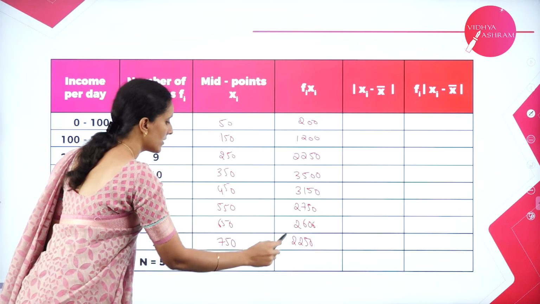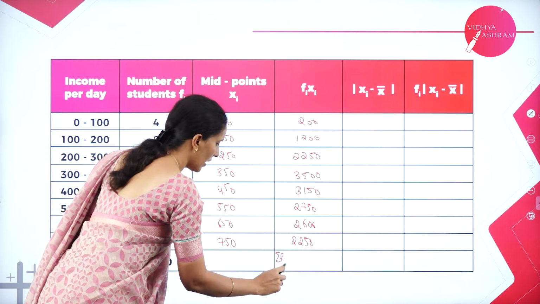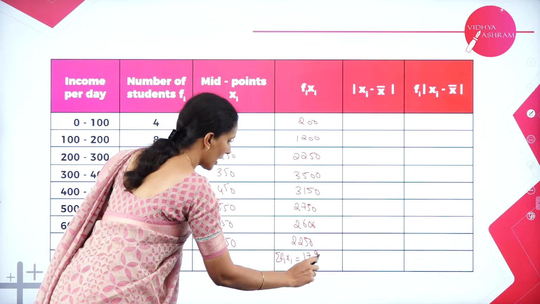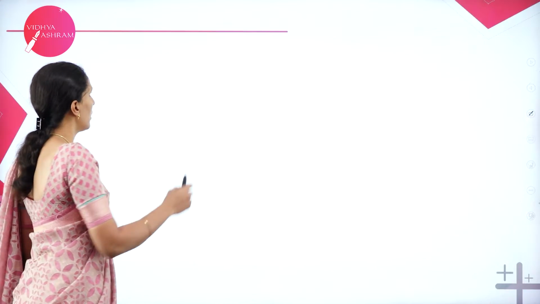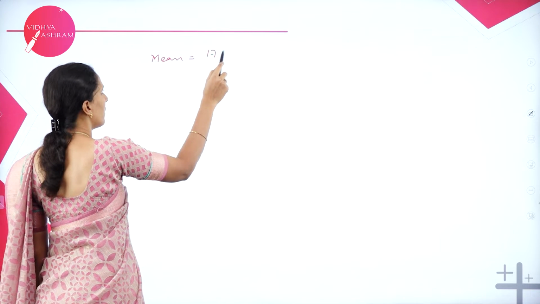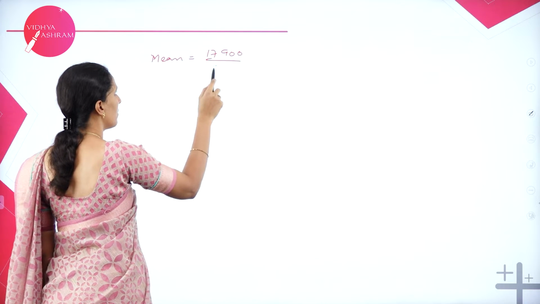Summing all this, we get summation fi xi equal to 17,900. Now we will calculate the mean. That is 17,900 divided by 50.